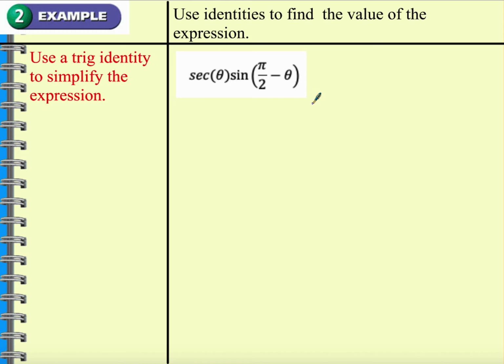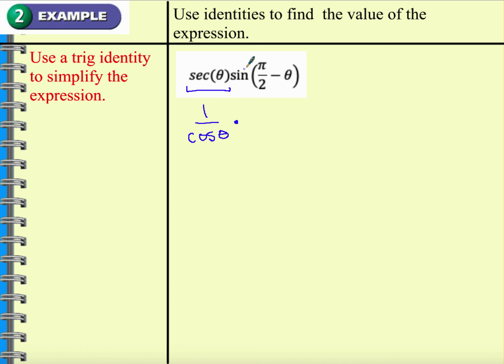So one of my favorite strategies, as I've said, is to change everything into sines and cosines. So I'm going to continue that strategy here. I know that secant is really 1 divided by cosine. So I'm going to use substitution, and I'm going to replace my secant with 1 divided by cosine. That's my reciprocal identity.